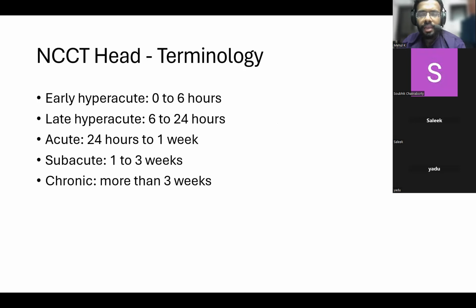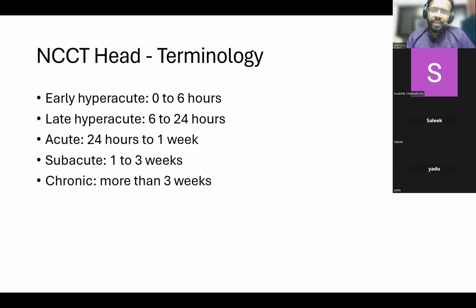Acute is defined up to 1 week. As far as radiology goes, subacute can be defined as 1 to 3 weeks, and chronic as more than 3 weeks. This is what is given in Radiopaedia, but certain societies have given 6 months. So subacute is up to 6 months and chronic is more than 6 months, which is kind of absurd, to be honest. But that is how some people define it.